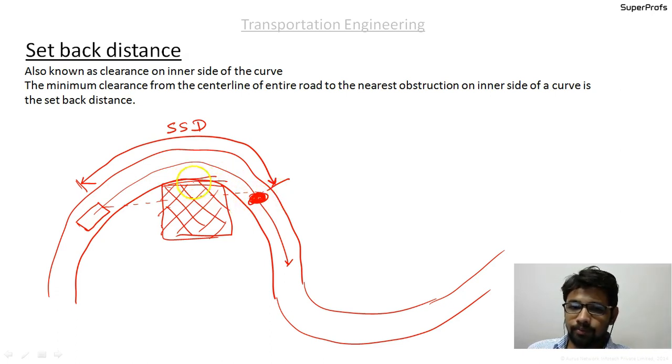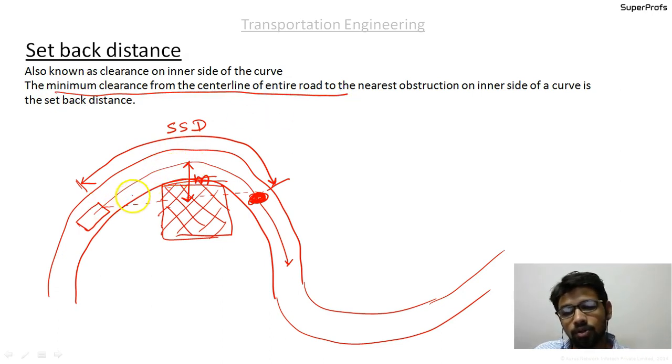So the building should be constructed behind this line. This distance m from the center line is called the setback distance, so that it is the minimum clearance from the center line of the entire road.